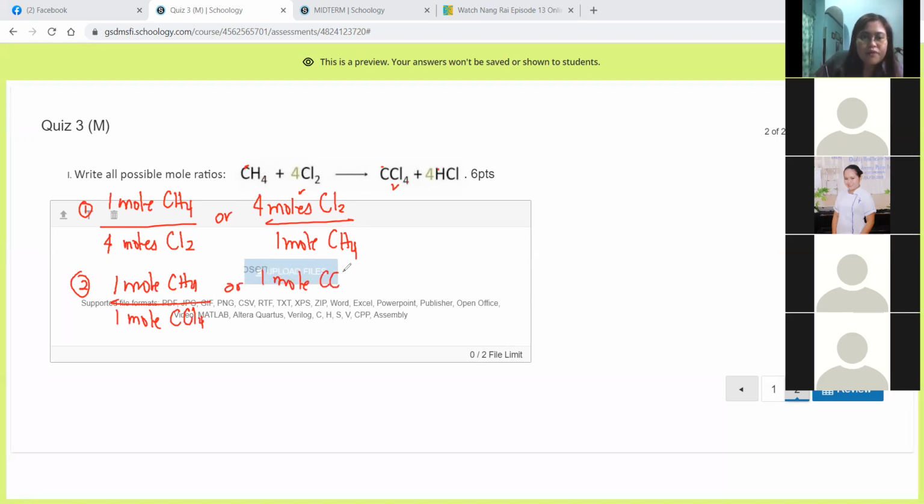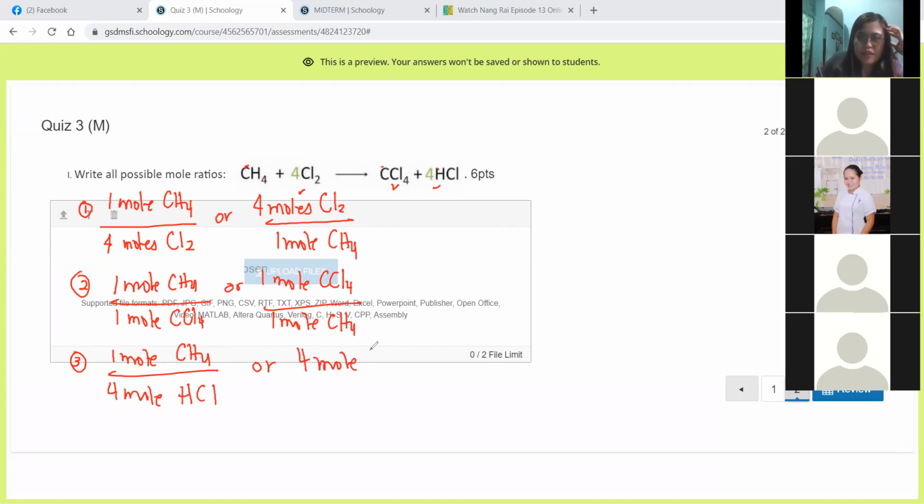So 1 mole of CCl4 over 1 mole of CH4. And then, going here, 1 mole of methane is needed to produce 4 moles of hydrochloric acid.